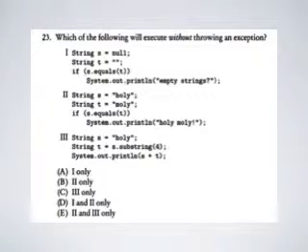The third block of the question assumes s is equal to holy, and t is equal to the substring of s starting from index 4. Then we print out the result of s plus t. Let's see, among these 3 blocks of code, which will execute without throwing an exception?